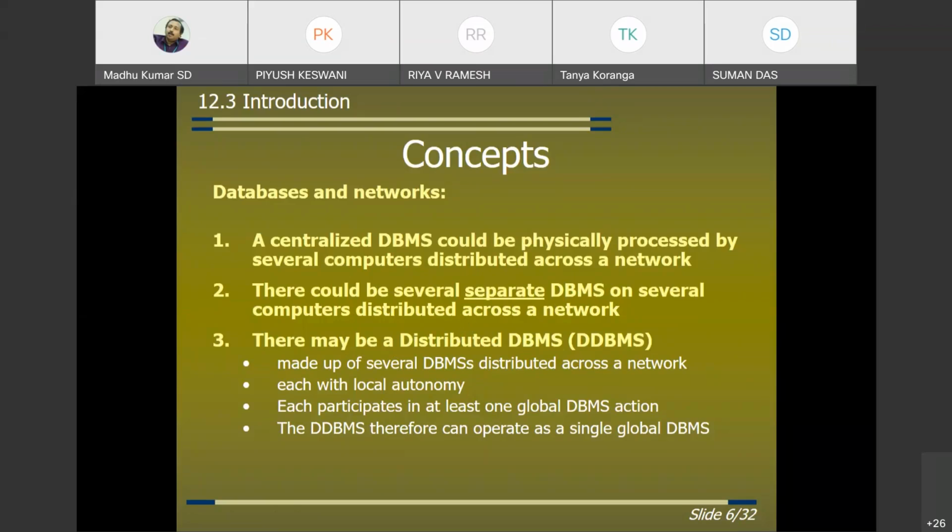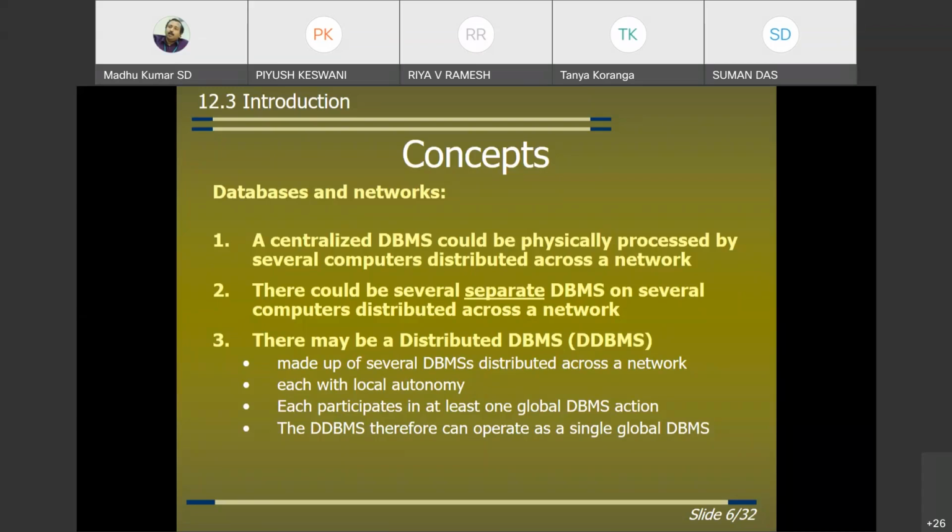So there may be a distributed DBMS, which is made up of several database management systems distributed across a network, each with local autonomy. It is a federation. Each node is running a different DBMS and has its own autonomy. Each participates in at least one global DBMS action.